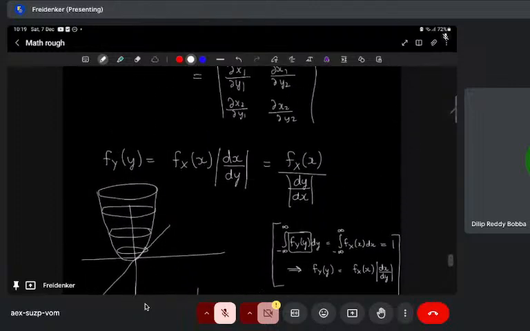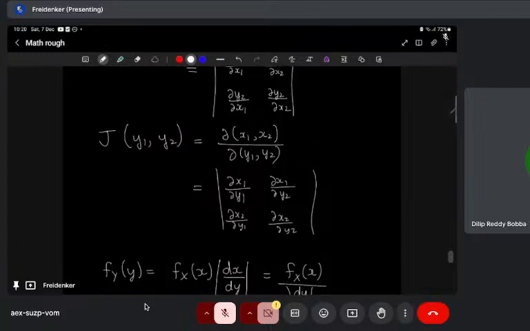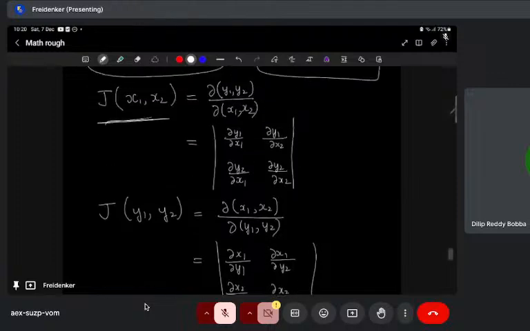If you look at the notation of Jacobian, when I write Jacobian y1 comma y2, it means dou y1, dou y2 will come in the denominator. Not exactly, it's not a fraction, so it will come at the bottom. Similarly, if I write Jacobian x1 x2, it means dou x1 dou x2 are appearing at the bottom.